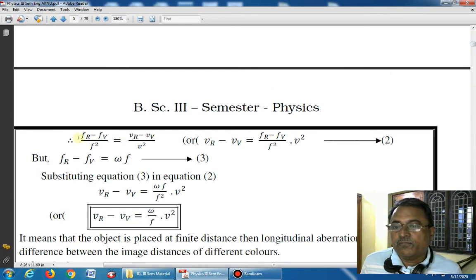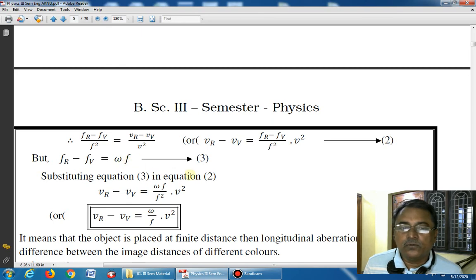Then (fr − fv)/f² = (vr − vv)/v², and taking vr − vv on one side, vr − vv = (fr − fv)/f² × v². But in the earlier case, we know that fr − fv = ωf.